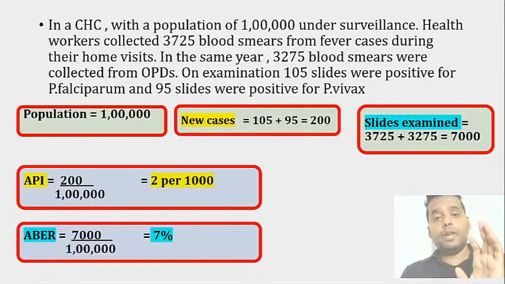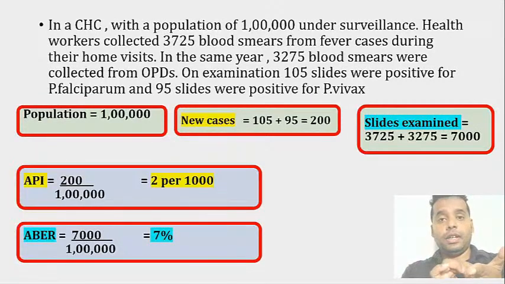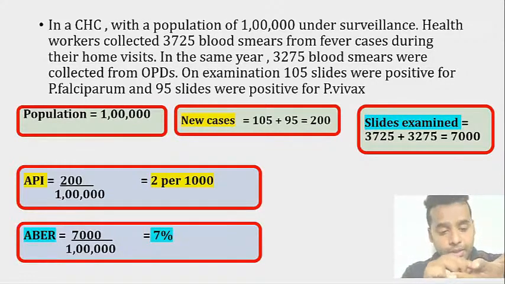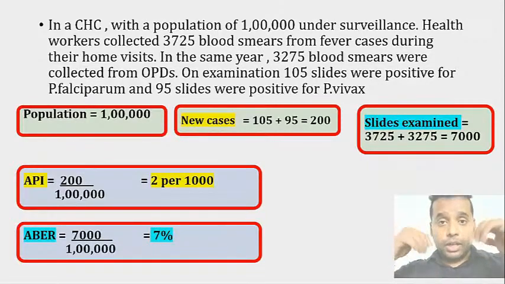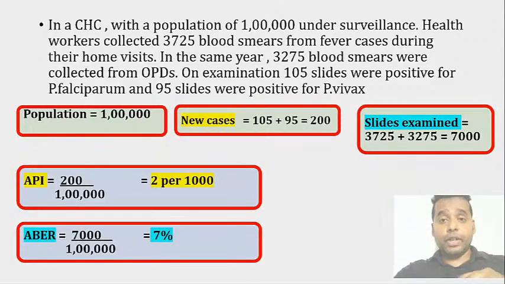Just keep a small pocket book and write down the points which I tell: attributable risk, the slides, and so on. Only when you write it down will it be retained in your brain so that you can recall it in the exams; otherwise it is very difficult to retain and recall. You will revise, but retaining and recalling is important.